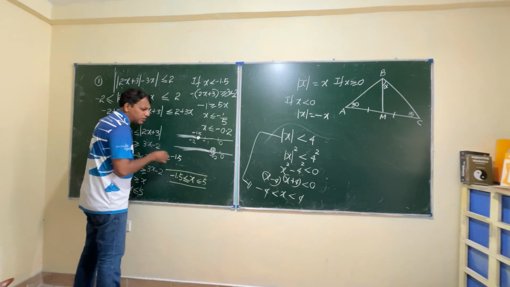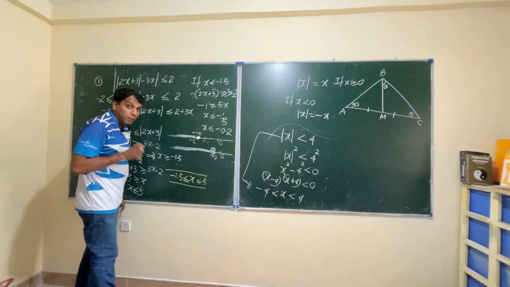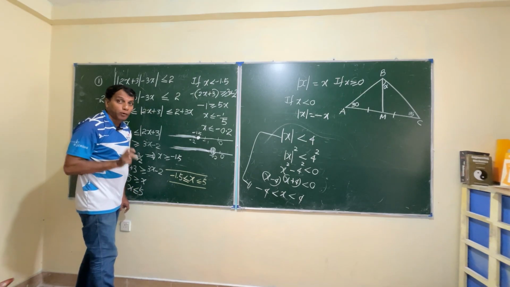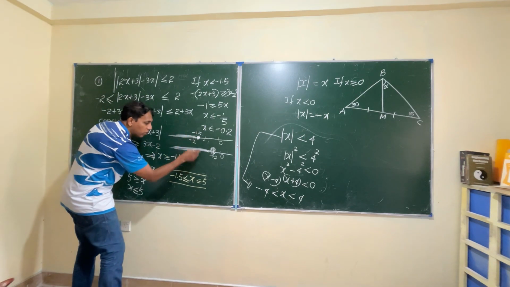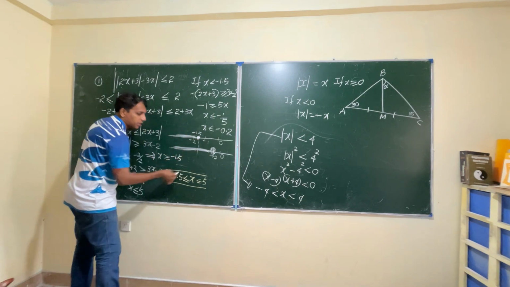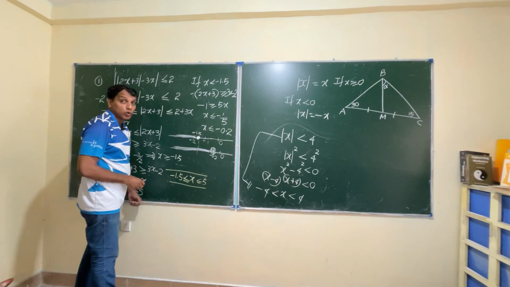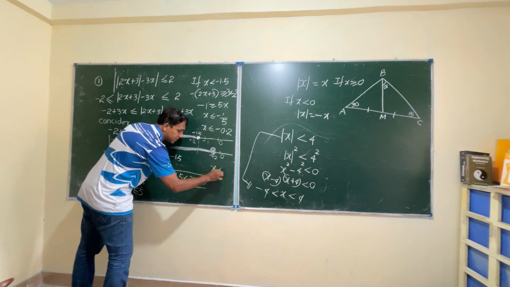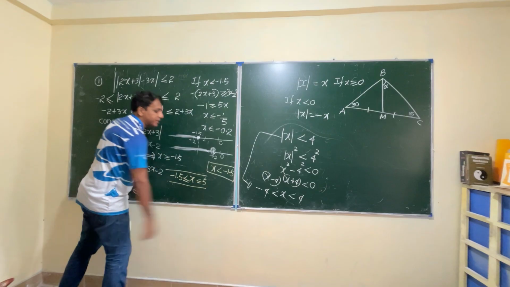So what is the answer comparing these? The common part, right? For inequality answers we take the common part. Therefore, the answer here is x less than negative 1.5.